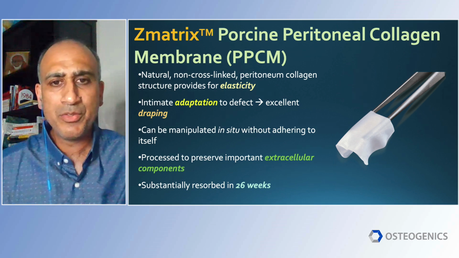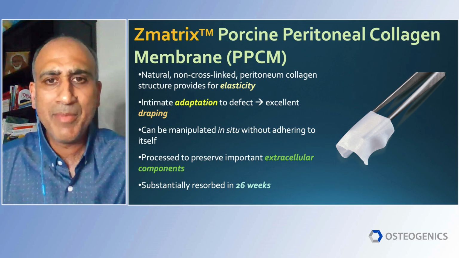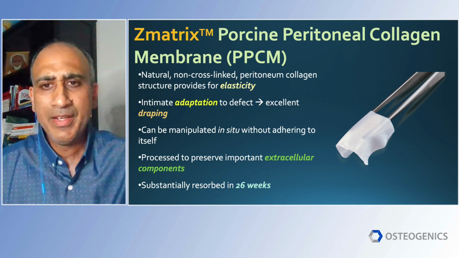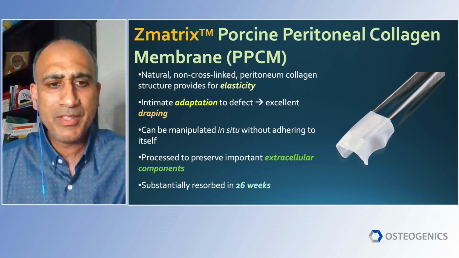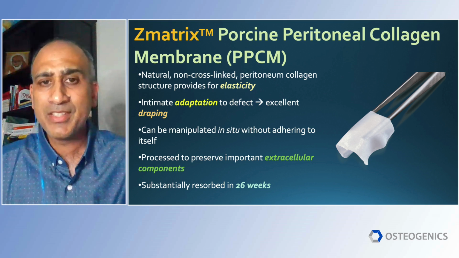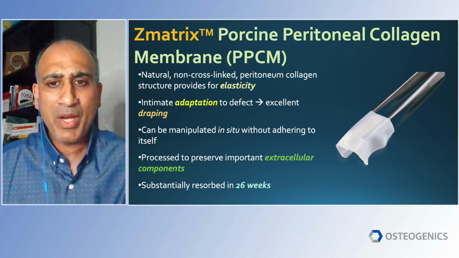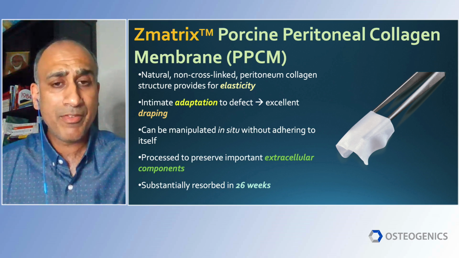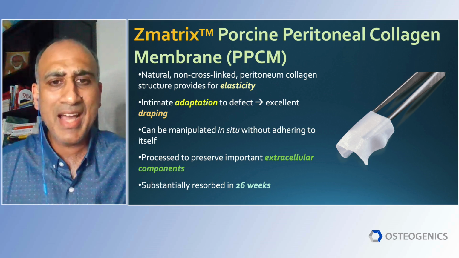So getting back to Zmatrix, what makes Zmatrix unique? So here's a slide that I want to show you on the properties that you need to know really about Zmatrix. So it is a non-cross-linked, peritoneum collagen membrane. It is derived from a porcine source, and it is natural.